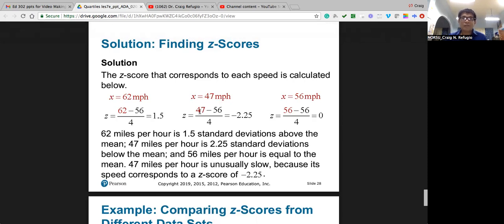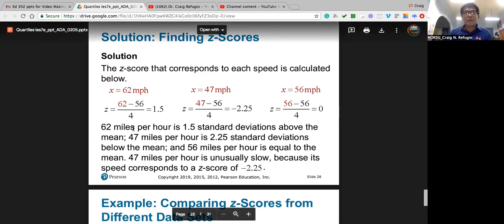So 47 minus 56, this one is the population mean, divided by the standard deviation 4. So negative 2.25. For 56 miles per hour, we have 56 minus 56 divided by 4, and that's equal to 0. That's any value in the set minus the population mean divided by the standard deviation. So it's equal to 0.